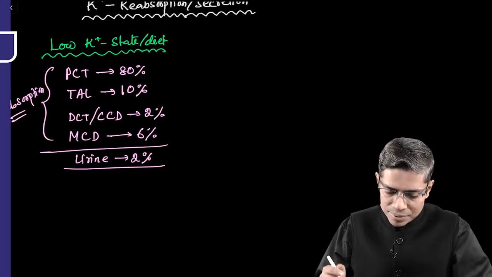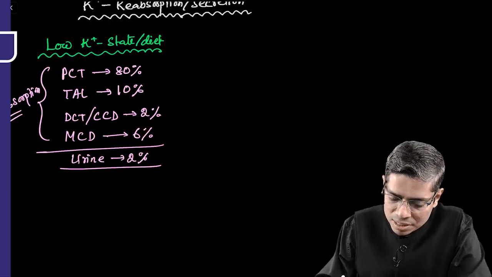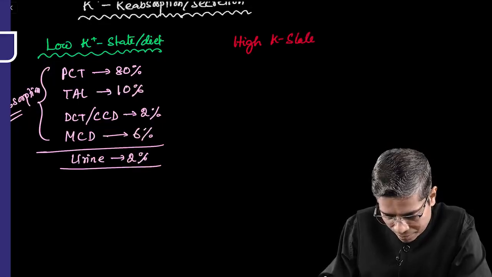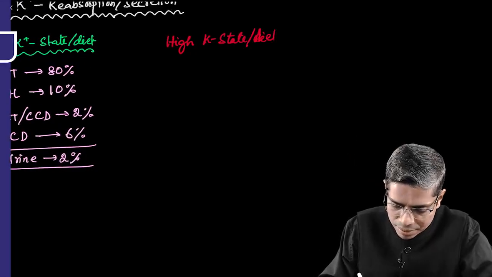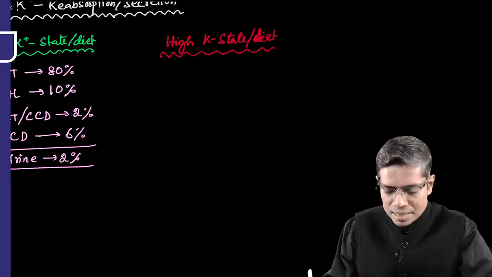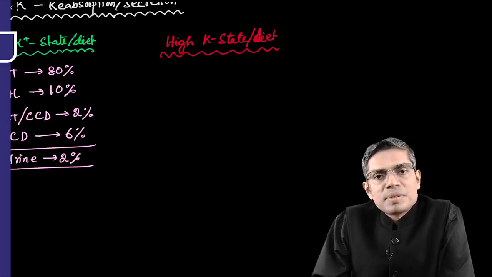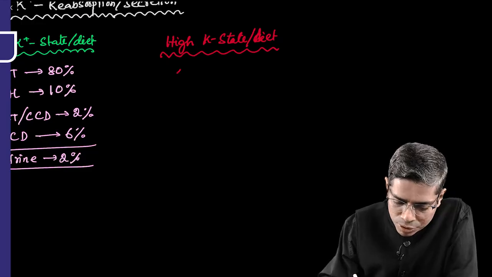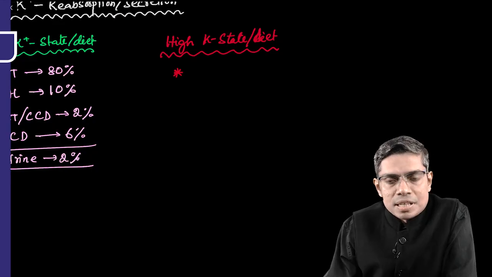But if you look at a condition when the person is having high potassium in blood, so a high potassium state, or high potassium in diet, what will happen in these cases? The body will try to get rid of potassium, so potassium will be secreted. Which part of the nephron is going to secrete potassium?